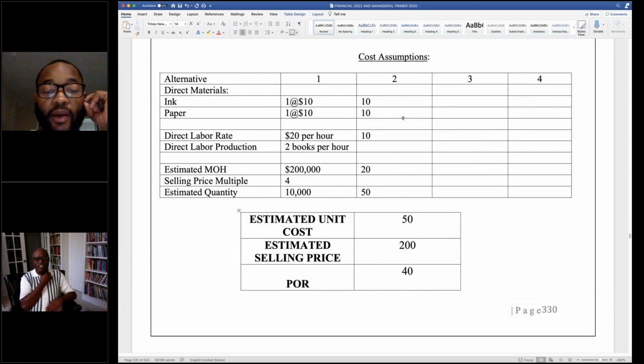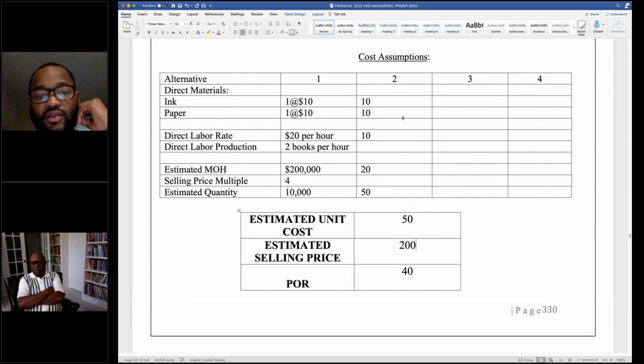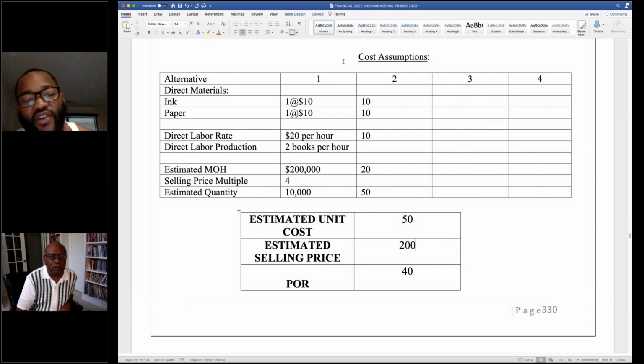No, I'm not trying to print. I'm looking at it.